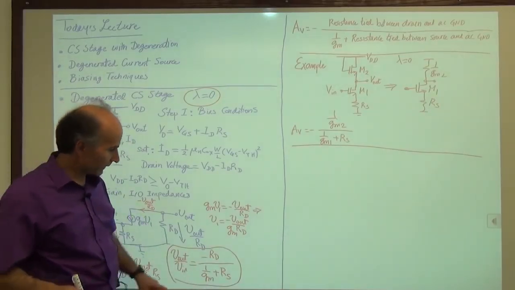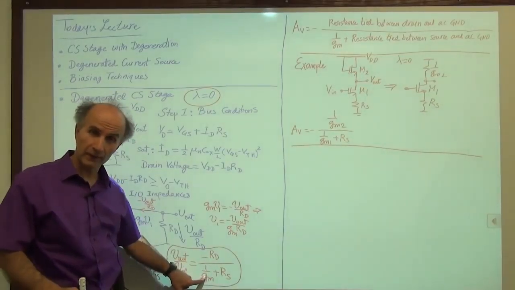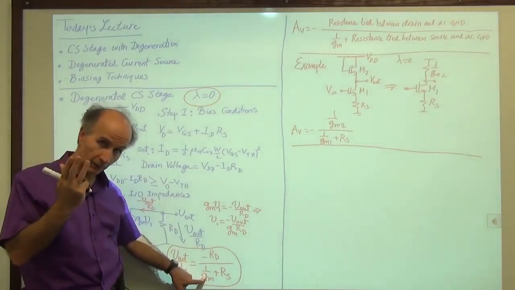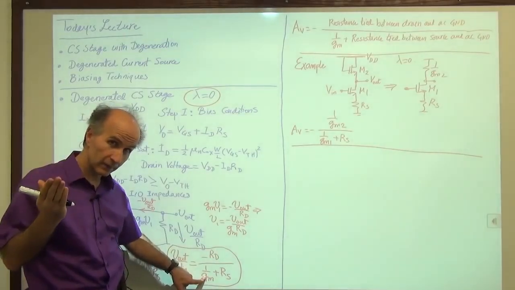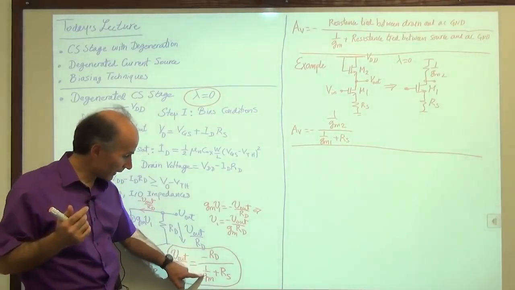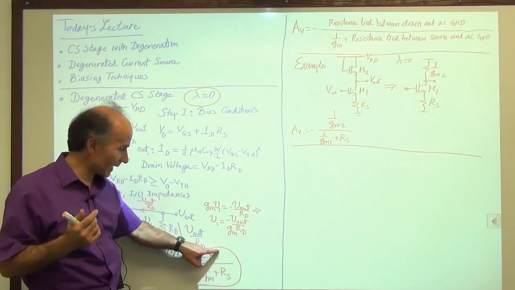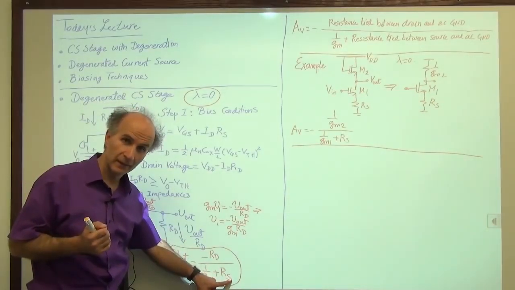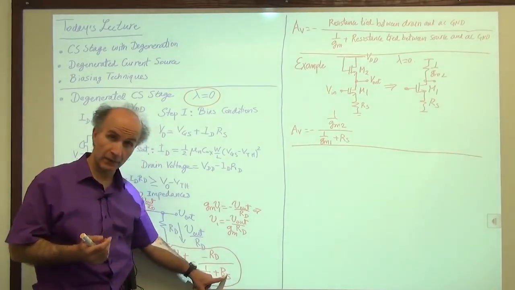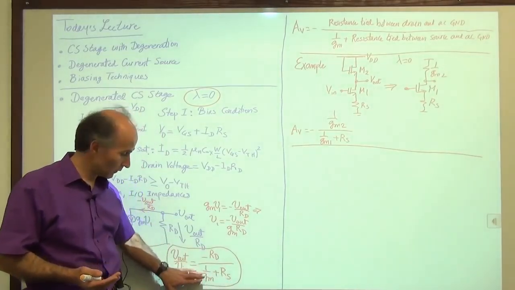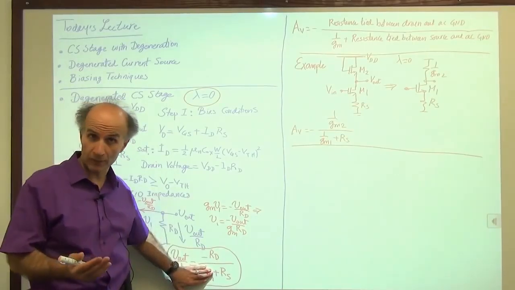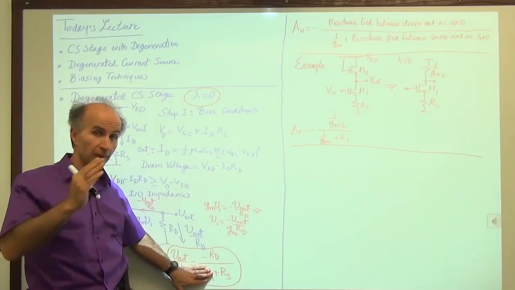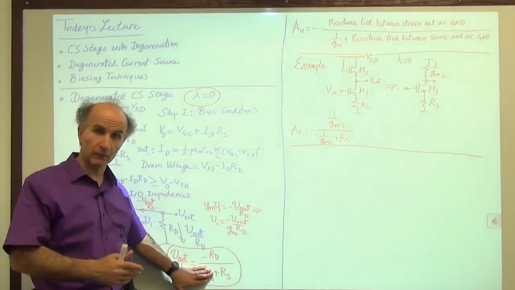Well, this says that if gm varies due to temperature, process, supply voltage, or signal level, the effect of gm variation is felt less in the circuit because of RS. You can imagine that if RS is very large compared to 1 over gm, so 1 over gm is negligible, then we don't even have dependence on gm, which means we don't have dependence on, for example, supply voltage or all these things.